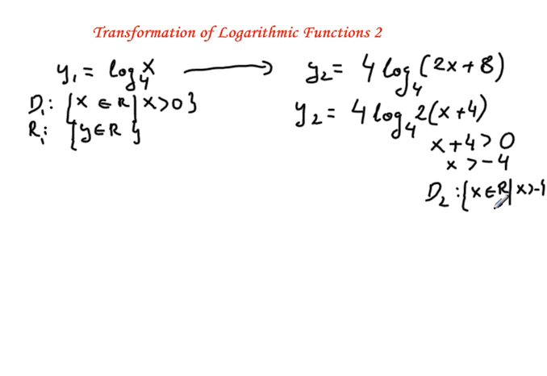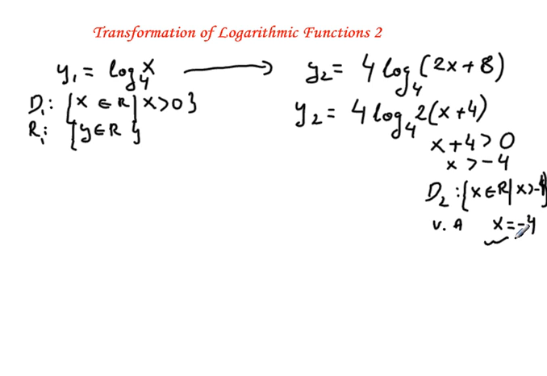Greater than -4 would mean that the vertical asymptote equation will be right at -4, so x is equal to -4.